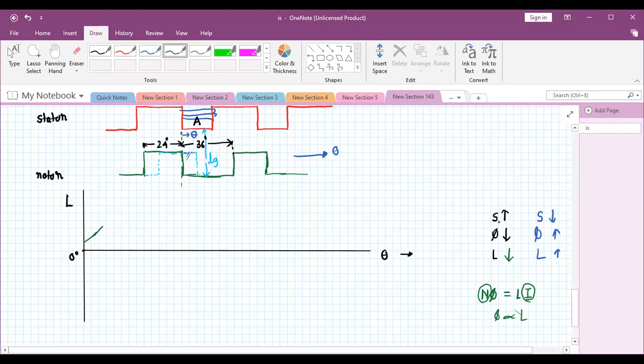As the reluctance decreases, flux is increasing, and so the inductance is increasing. It is increasing until the rotor comes completely under the stator pole.